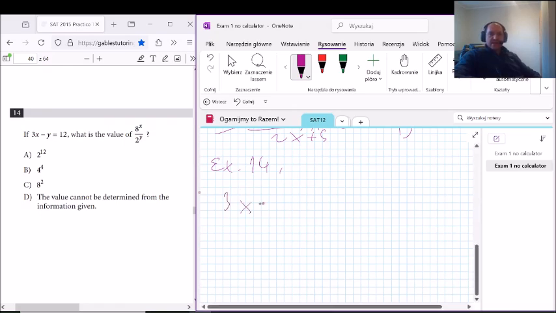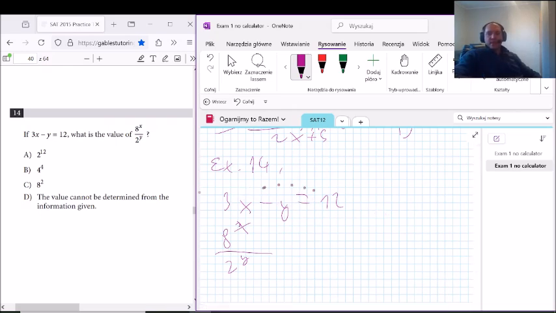So 3x minus y equals 12, and we have 8 to power of x divided by 2 to the power of y. Okay, so we can use this formula here to calculate one of those letters of those variables and substitute in our expression.